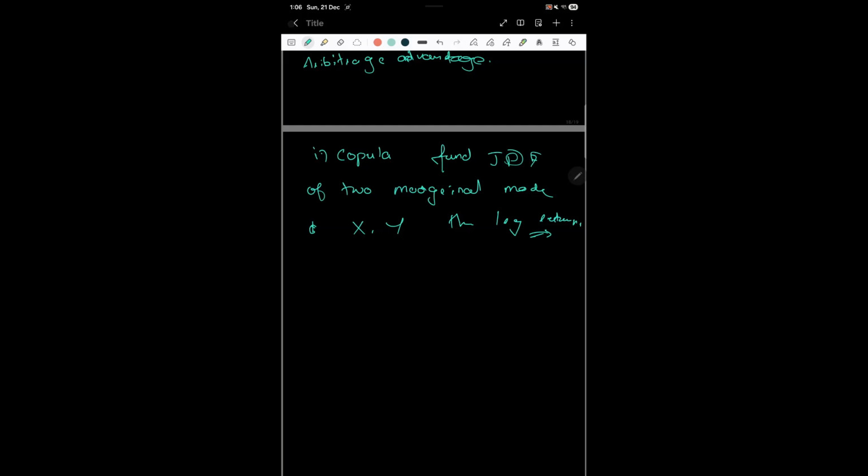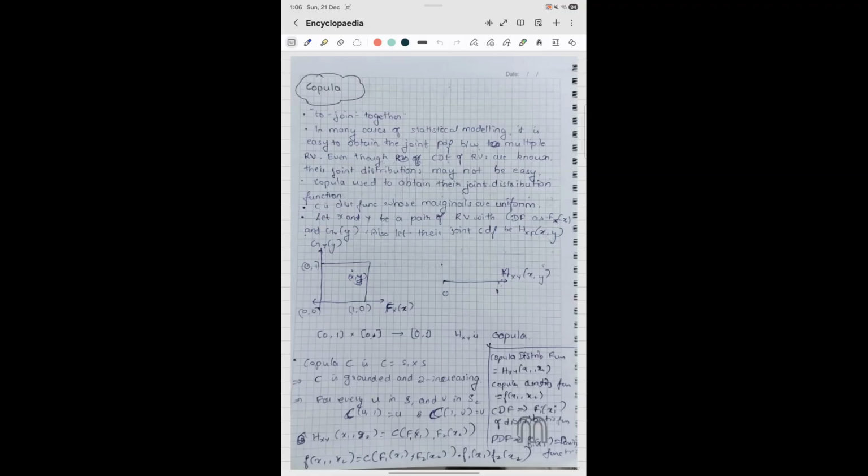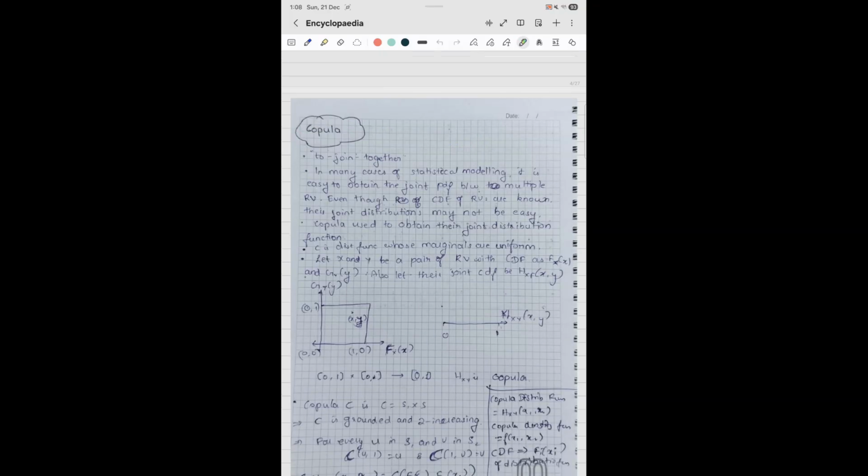Now when we go to the copula, the meaning of copula is joined together. It is nothing but the joint PDF between multiple random variables. We use copula to obtain the joint distribution function.